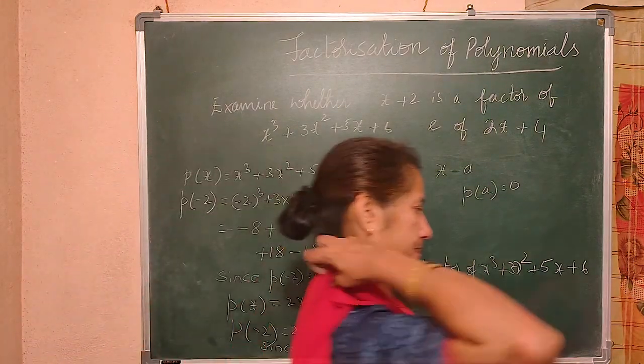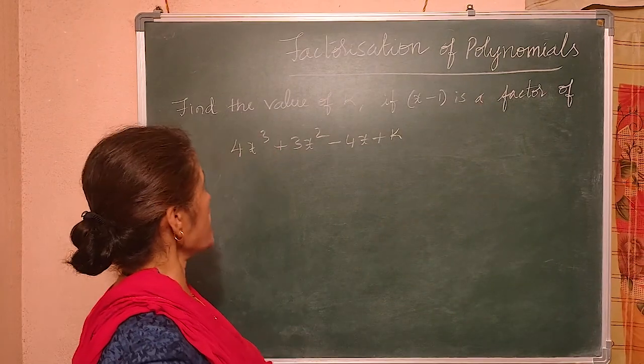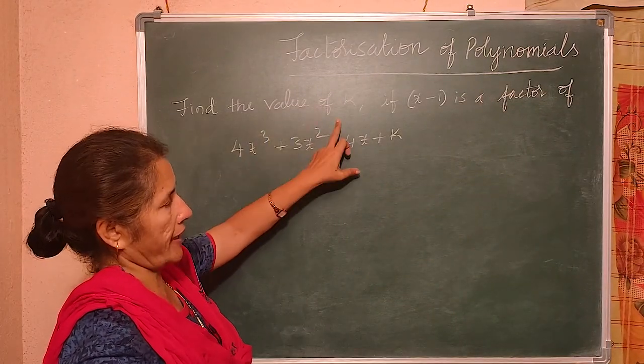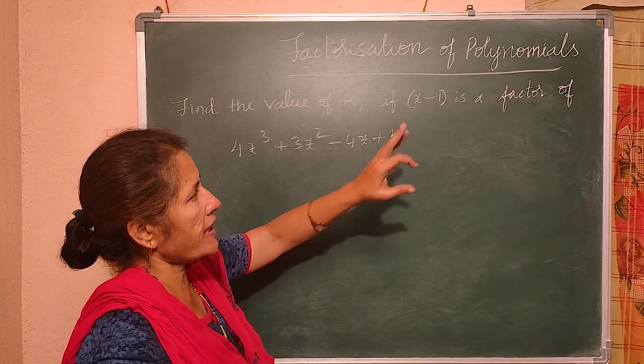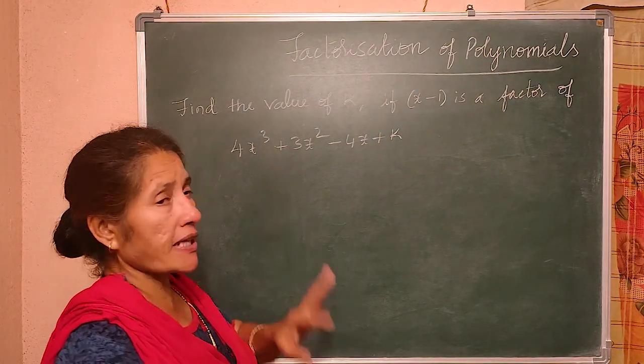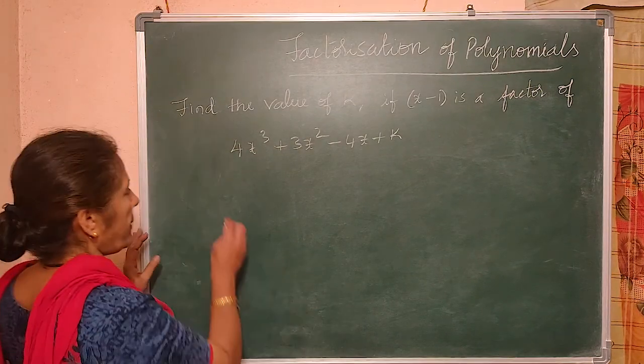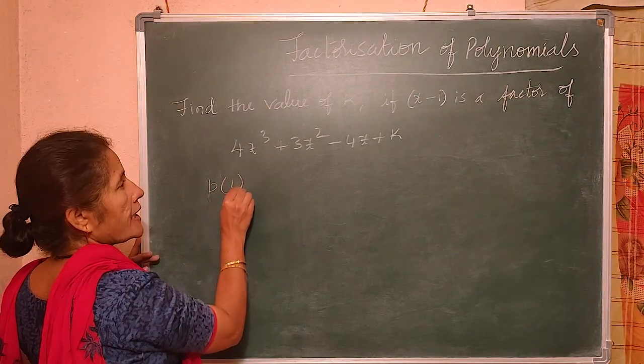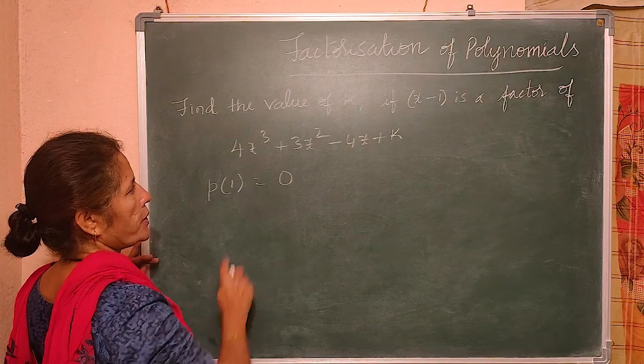Next one. The next question is, find the value of k if x minus 1 is a factor. So, x minus 1 is a factor means p of 1 is equal to 0.